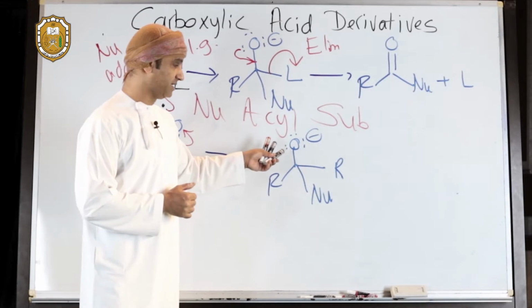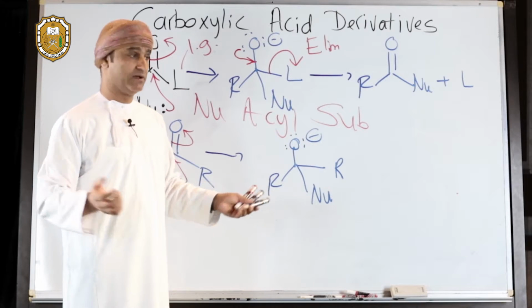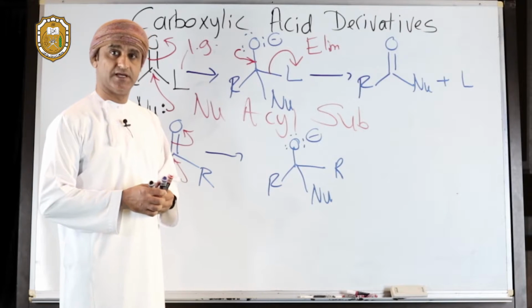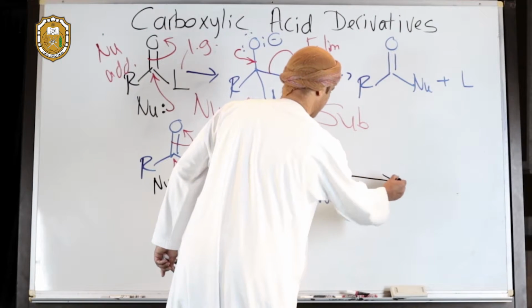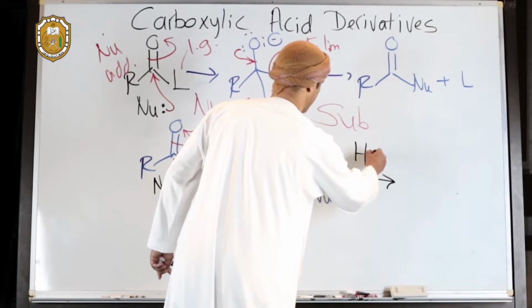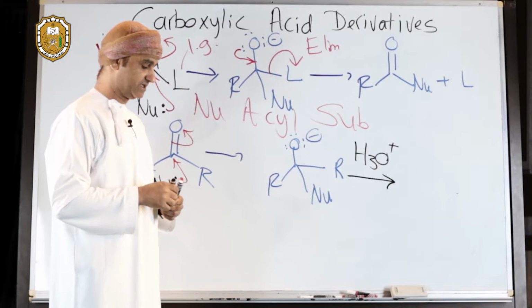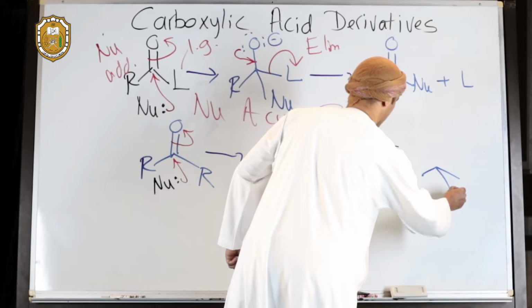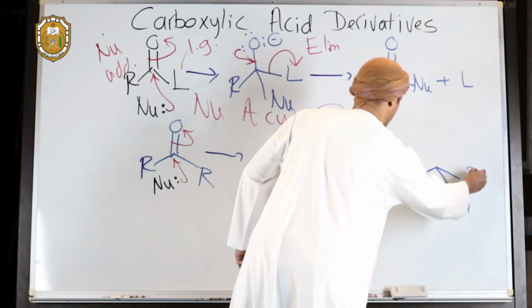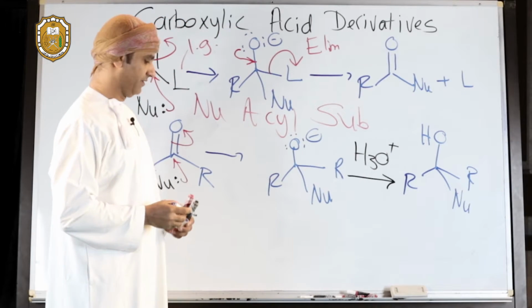Now this alkoxide intermediate would not expel R because of that, but rather it would get protonated. So if this alkoxide intermediate is treated with H3O+, it gets protonated to form a final alcohol product as a result of this protonation.